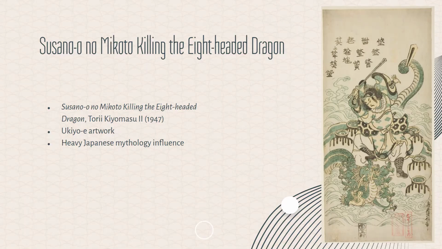So this piece has very heavy Japanese mythology, and in order to analyze the piece, we'll be going through some of the mythology surrounding this artwork in order to understand and see what's going on here to tell that bigger picture.